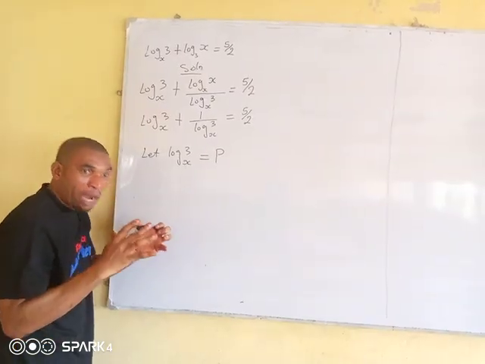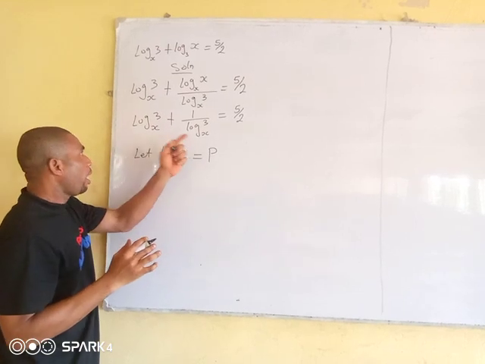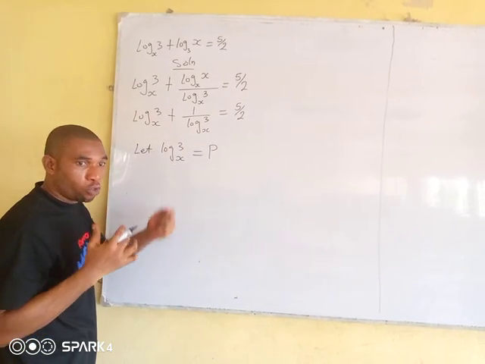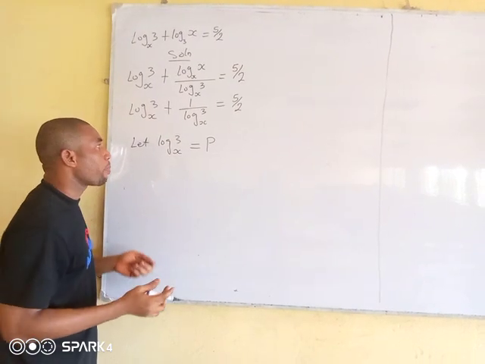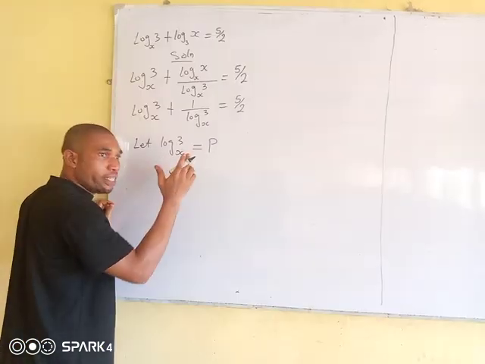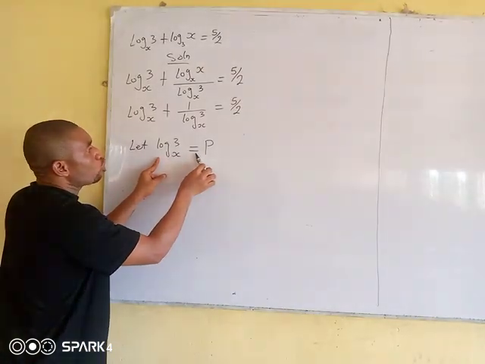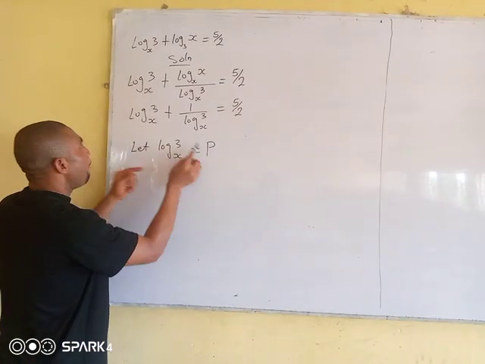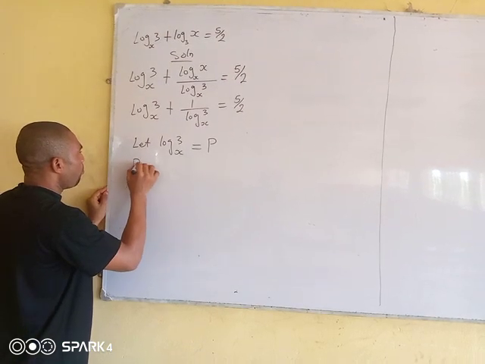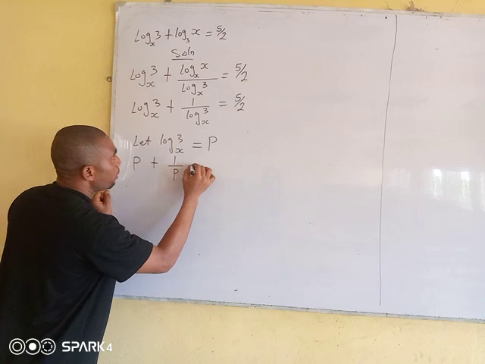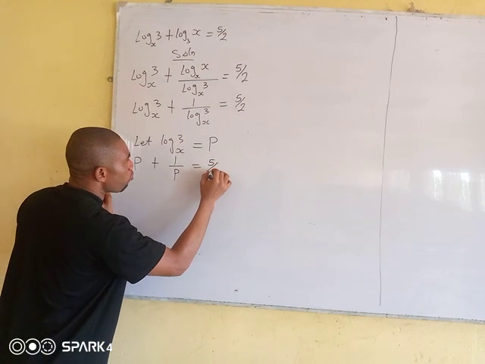To simplify my work, I can solve in this form, but for those of you that are learning maths for the first time, simplify it to make it easier. That means in place of log 3 base x, I'm going to substitute the value p, meaning I'm going to have p plus 1 over p is equal to 5 over 2.